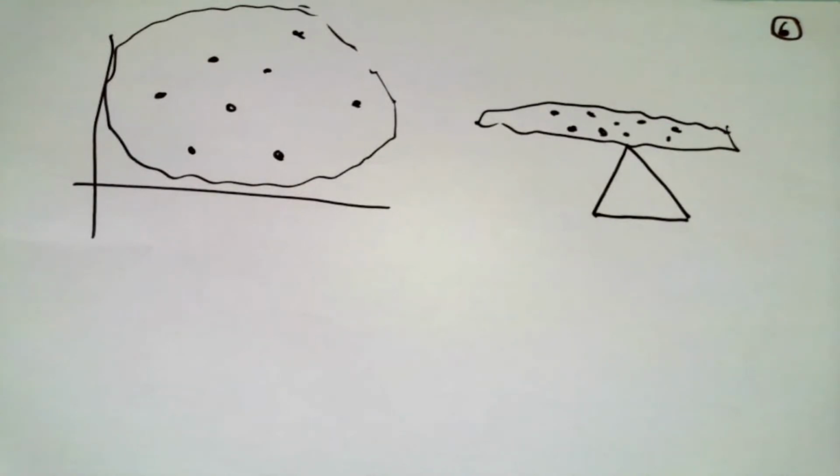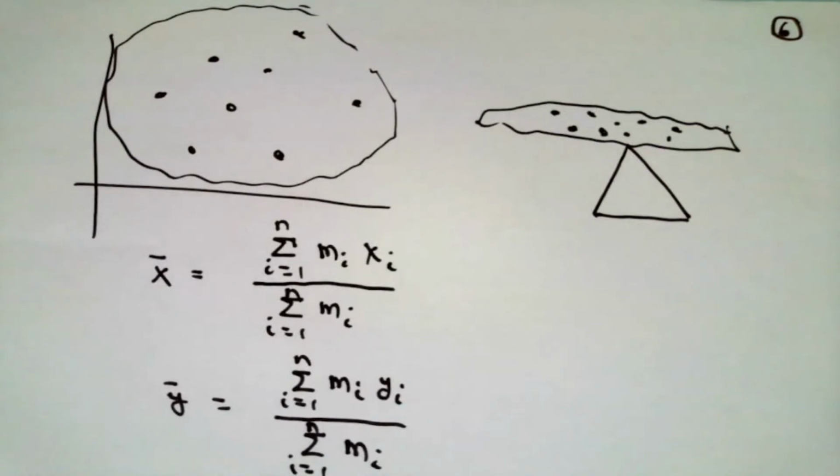If you make an argument that's similar to what we did before, the following result follows. The center of mass has x-coordinate x bar, y-coordinate y bar.